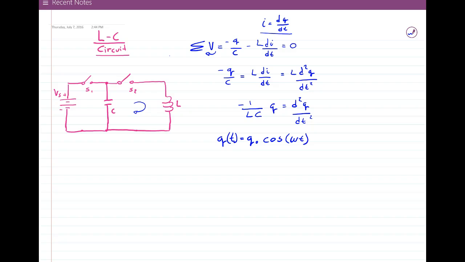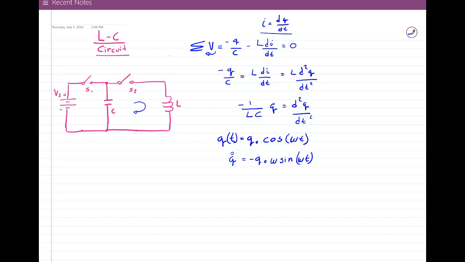Now, if we take the time derivative of this, Q dot is going to be equal to, if you take the derivative of cosine, you get negative sine, right? Negative Q0, I have to bring down the derivative of whatever's in front, so it's omega sine of omega t. And then take the derivative again.